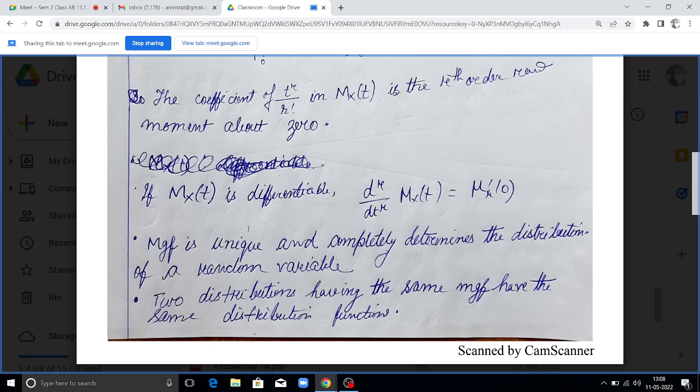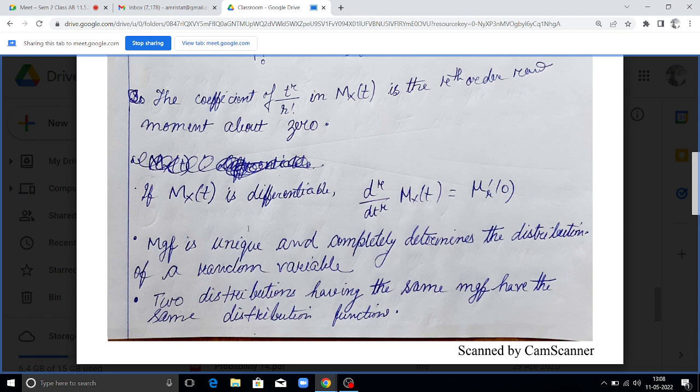Two distributions cannot have the same MGF. Maybe the means can be the same for two distributions, but the SDs will not be the same. Maybe the SDs are the same, but the skewness will not be the same, or the kurtosis will not be the same.